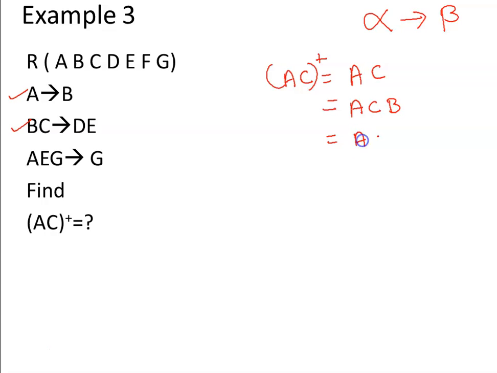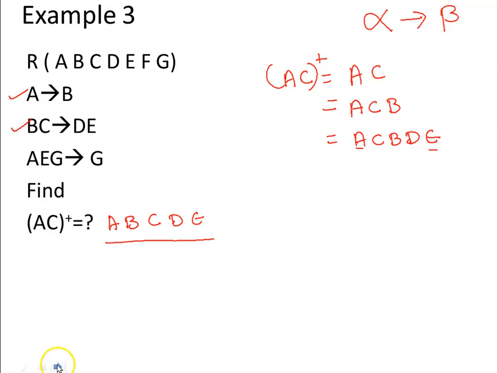So A, C, B, D and E. Now, what about the last FD? We have A, we have E, but we do not have G. So the closure on AC is A, B, C, D and E. If you have AC, you will be able to compute these attributes.